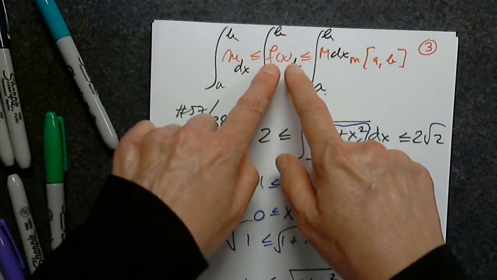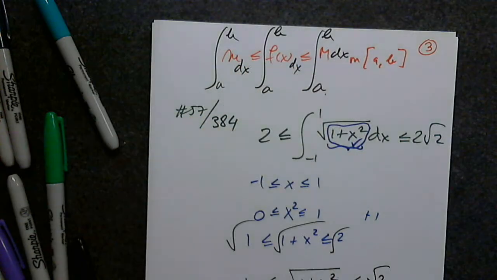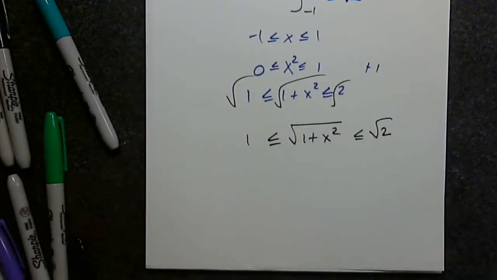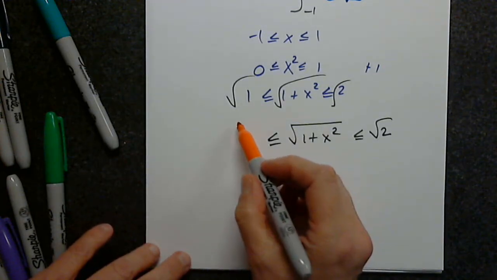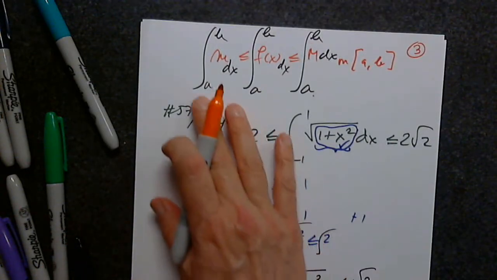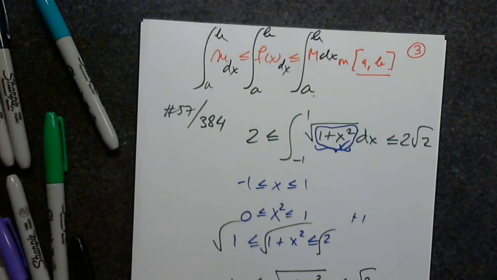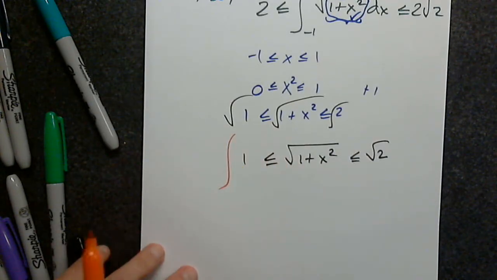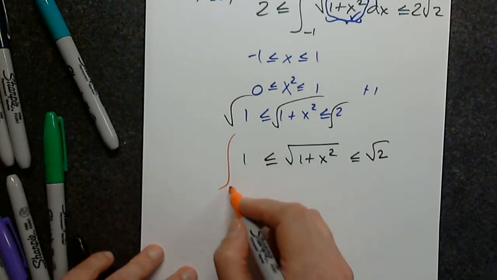If m is less than or equal to f of x less than or equal to M, then what follows? What can I write next? Okay, what did we write here for the interval a comma b? Good. Very good.